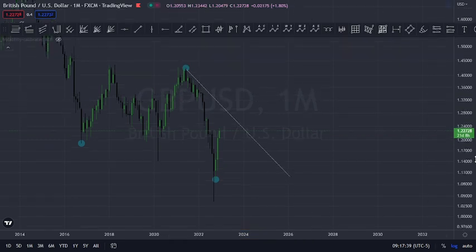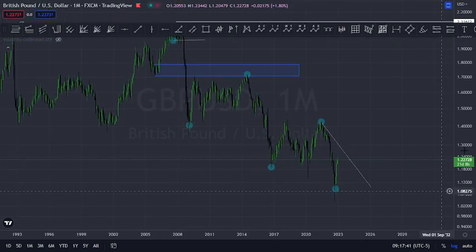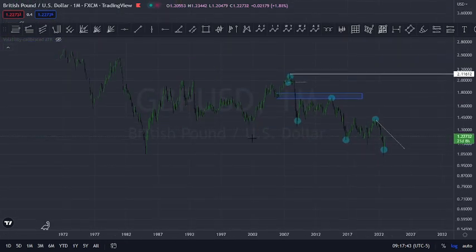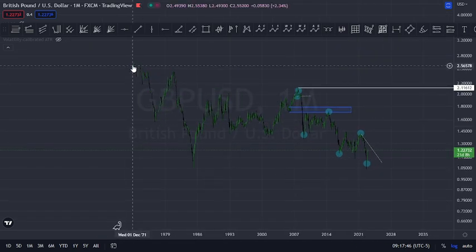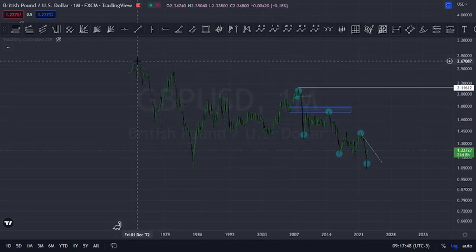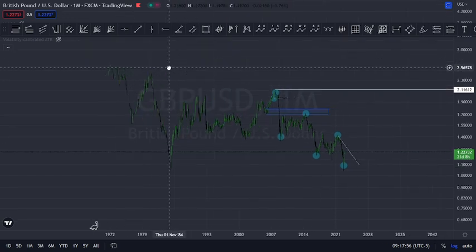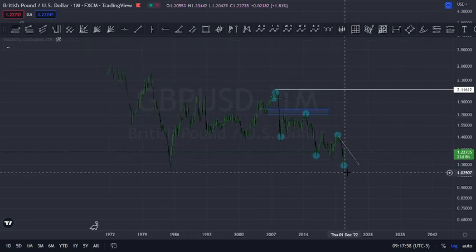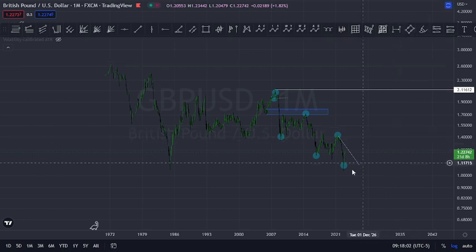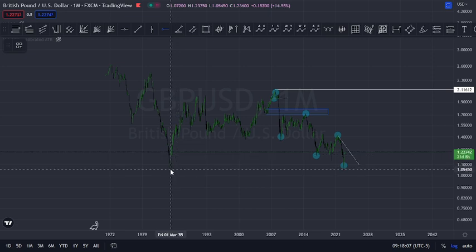Let's end this video. British pound is in a multi-year downtrend. This chart gives me data from 1972. One last thing I want to make you aware of is this low. We just took the liquidity from this low.